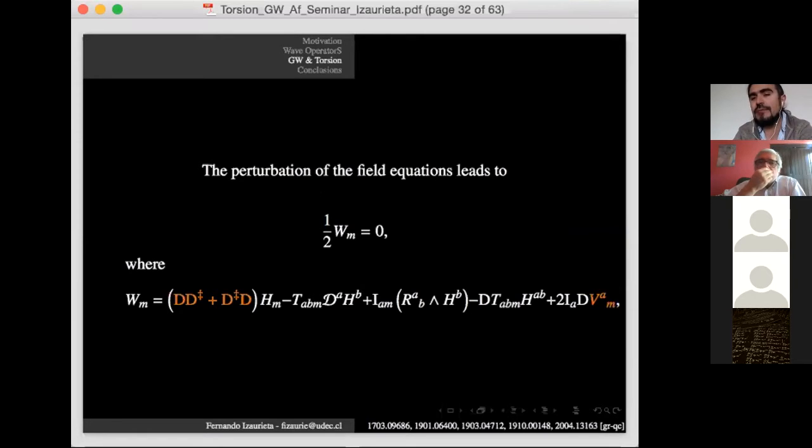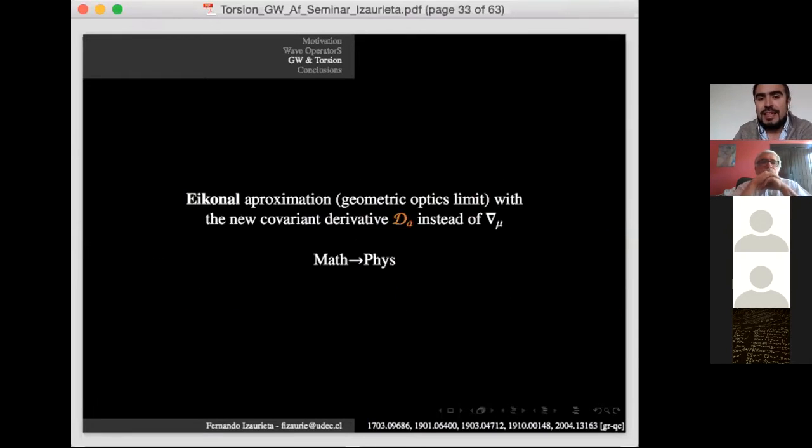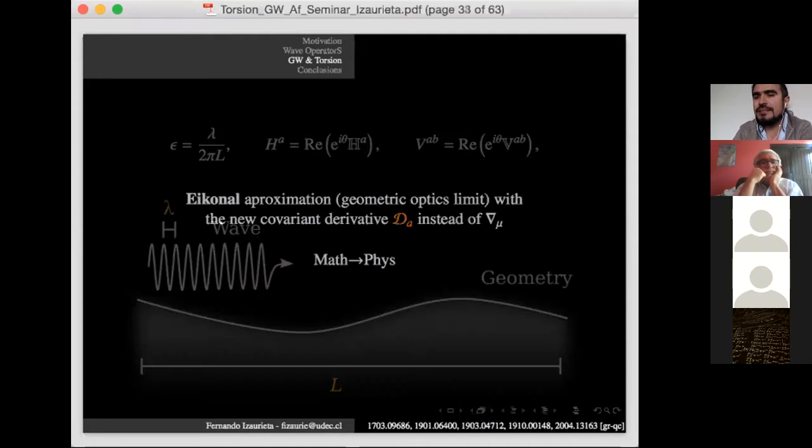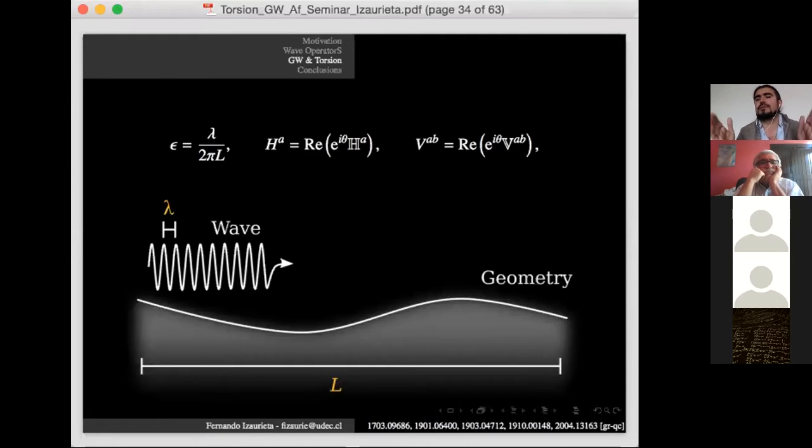And also we find this new rotons mode there in the expression. Of course, if we want to study the behavior of waves, we have to consider the eikonal approximation. It means we are considering waves whose wavelength is far smaller than the characteristic length of the background geometry.